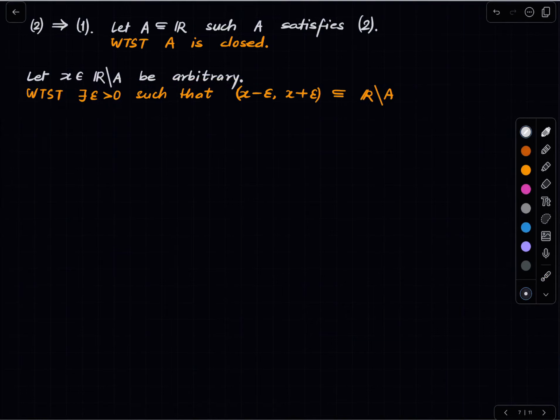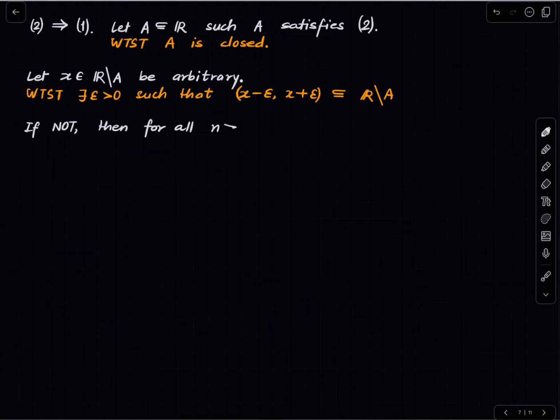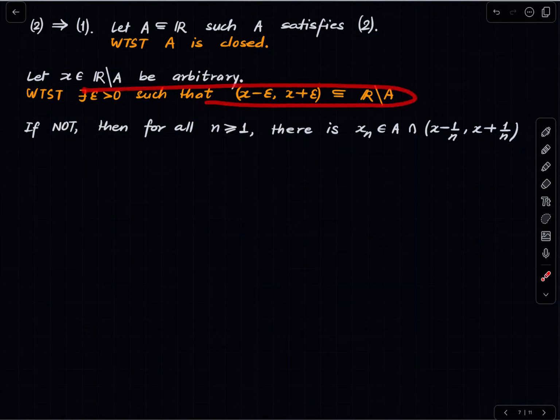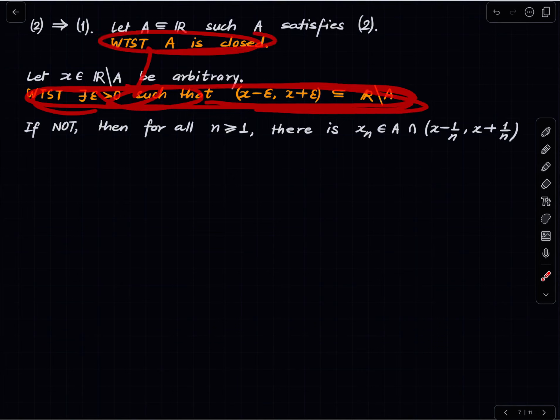So if there is no such epsilon, then for all natural numbers n, there is a point in A which also lies in this open interval. Now this has to be understood. So we are assuming on the contrary to this. This is what we want to prove. Once we prove this, we will have proven that. So this is our goal.